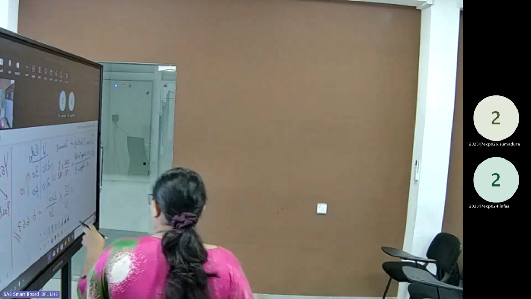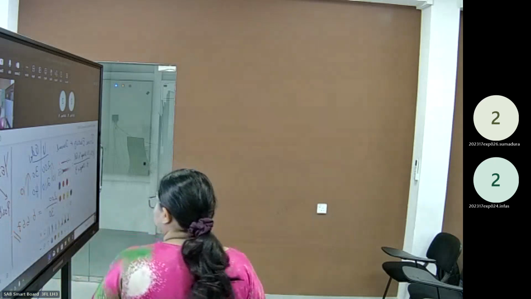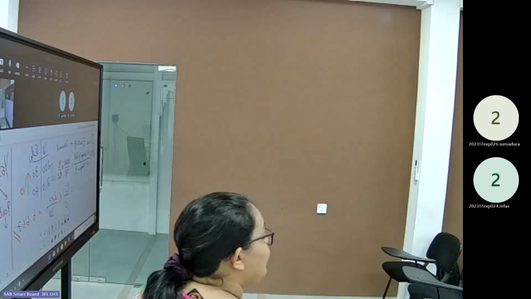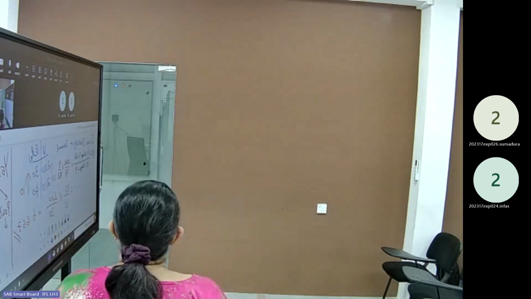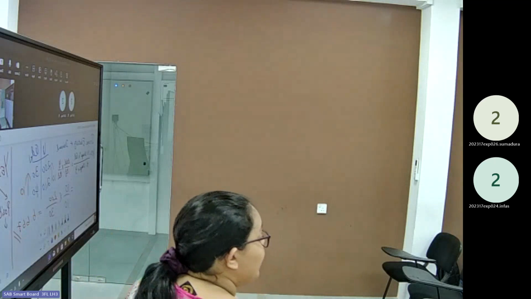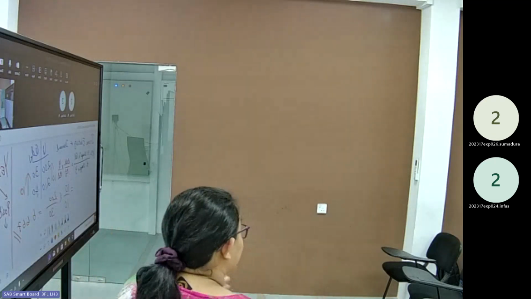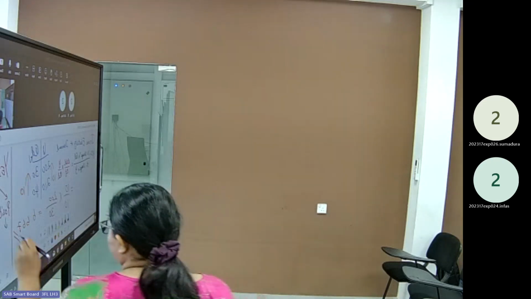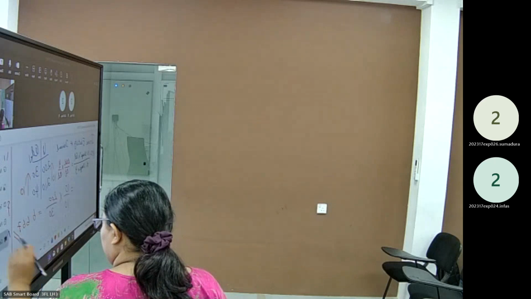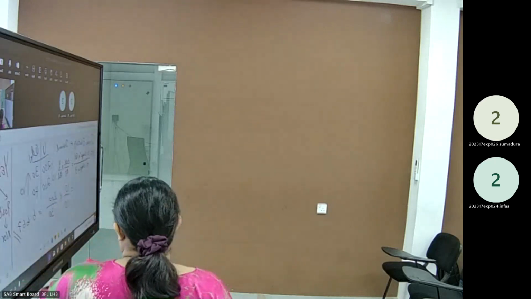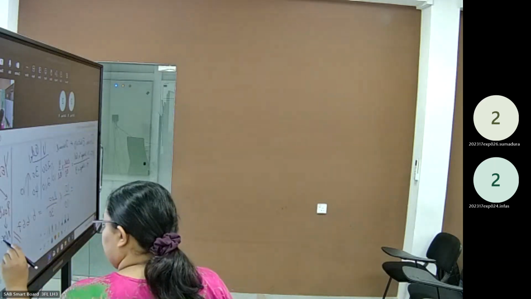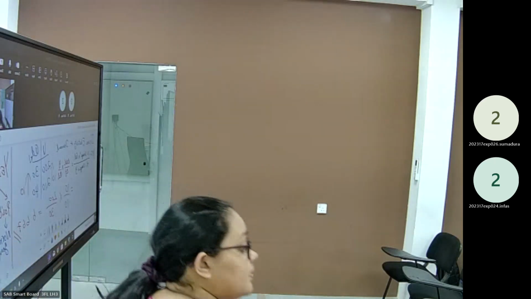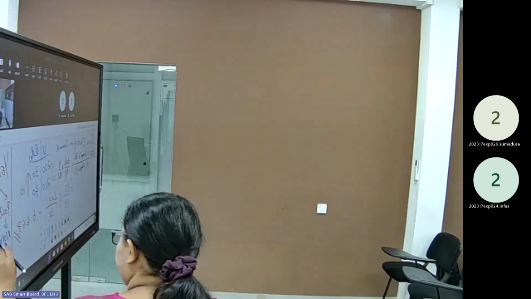If it's positive, we say it's a normal good. That means as income increases, the demand for the good increases. As income decreases, the demand for the good decreases. Normal good. Negative, inferior good.